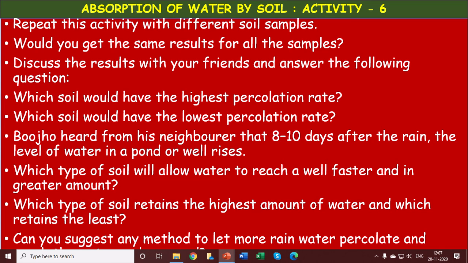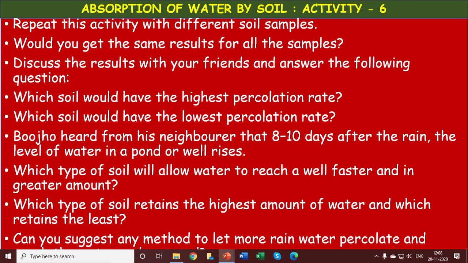Okay. So Boju heard from his neighbors, 8 to 10 days after the rain, the level of water in a pond or well rises. How does it happen? Because the groundwater level increases. Okay.